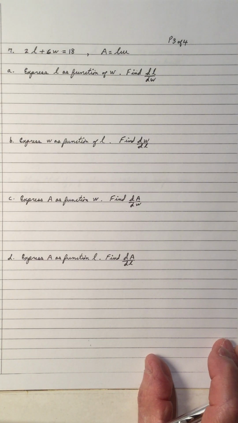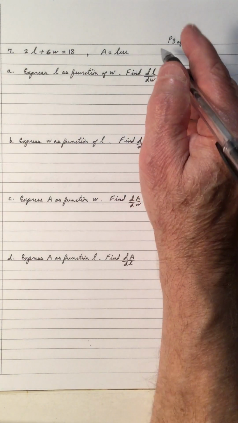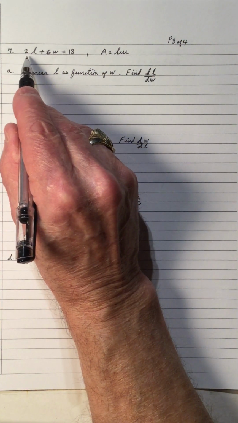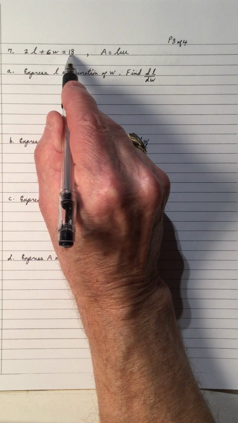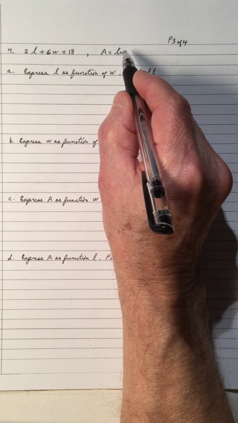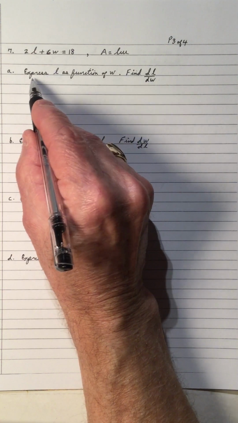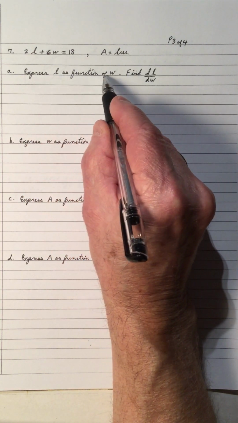Now I have another one showing you about the derivatives. Notice number 7, I have 2l plus 6w equals 18. And I have A equals lw. Now, question A, express L as a function of w.